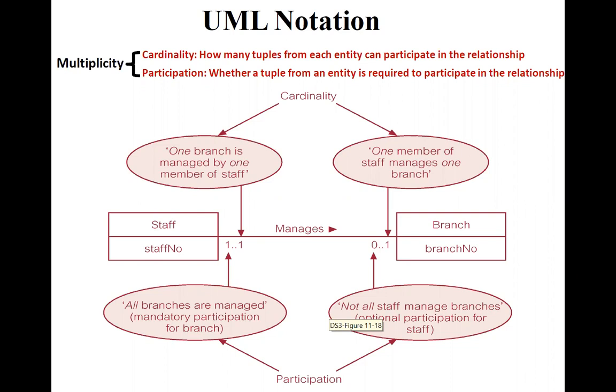But in summary, the business rules say one branch can have only one manager. Every branch must have a manager. One staff member can manage at most one branch. Not all staff members are a manager. Okay, so I summarized the business rules for you, and look at cardinality.